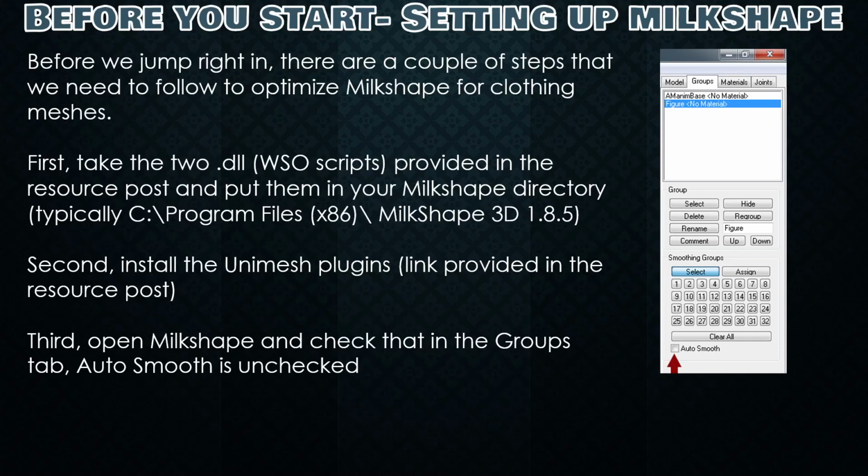Second, install the Unimesh plugins. This is important when you're working with any clothing mesh. It's a script that allows you to import and export 5GD files. Those are the meshes that we directly replace the GMDC with in SimPE. And third, open Milkshape and check that in the Groups tab, Auto Smooth is unchecked, just like in this picture here.